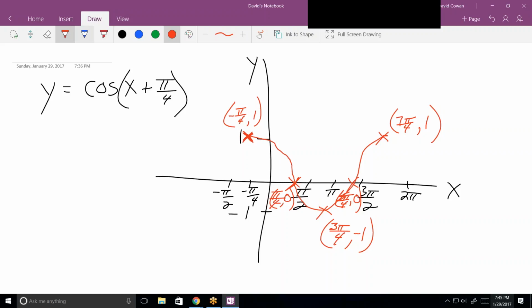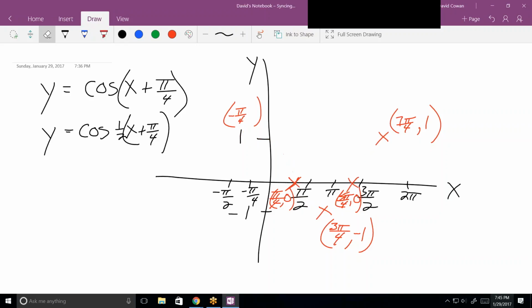In other words, if I were to give you the function y equals cosine of 1/2 x, that has a period of 4 pi. And then if I wanted to subtract, or let's do the same thing, do that. Okay, now this problem is significantly tougher because it doesn't have the same period.